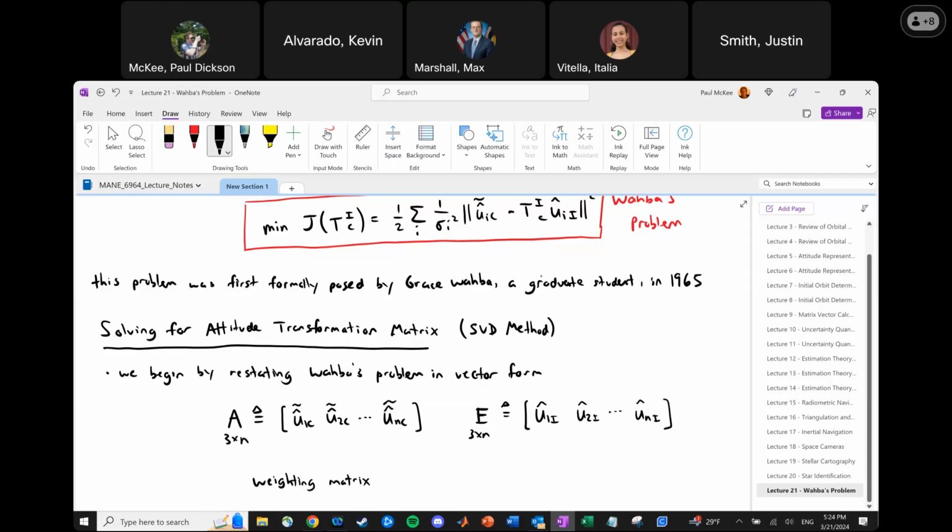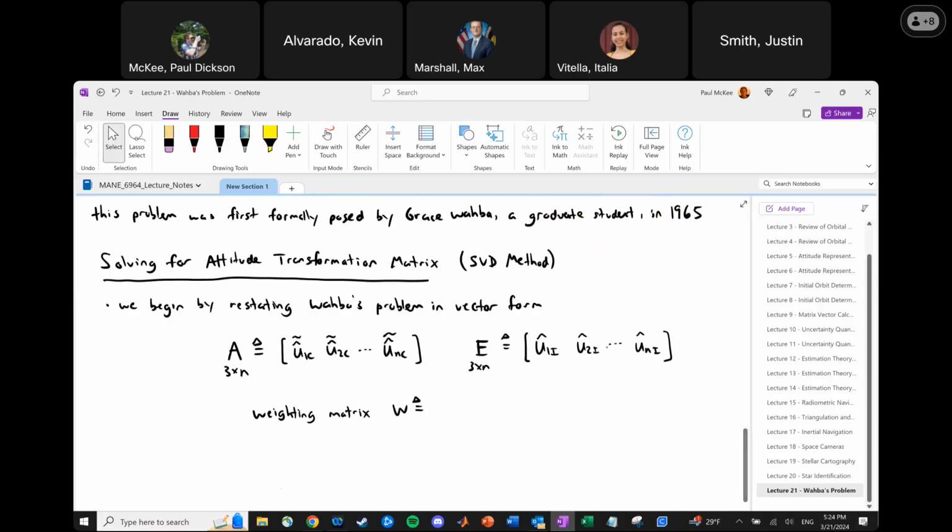And that is W, which will be written as follows. This is 1 over sigma 1 squared on a diagonal all the way to 1 over sigma n squared, and it's going to be a diagonal matrix. Okay, there's our weighting matrix.